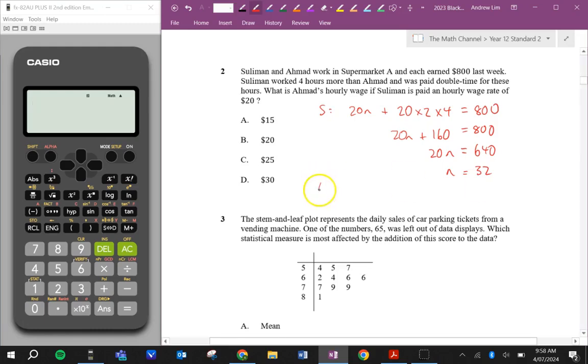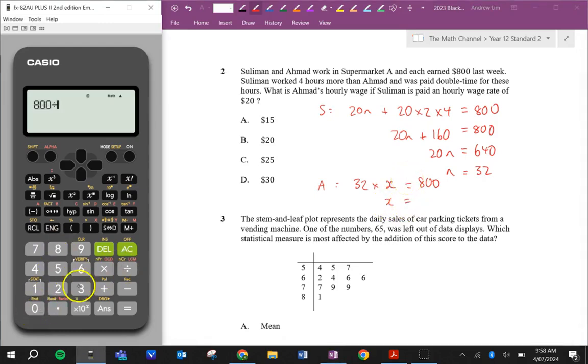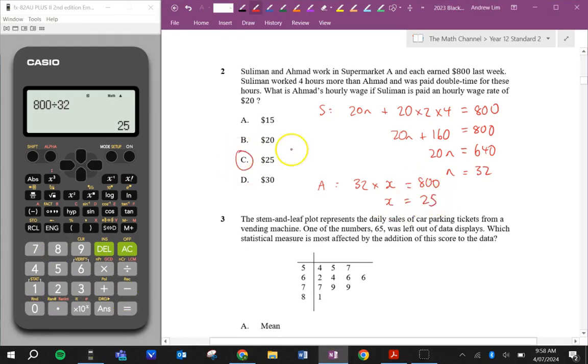So for Ahmed, since he works for 32 hours at some unknown rate, we can call that X, and earns $800, we can divide 800 by 32. That's 25. So the answer should be C.